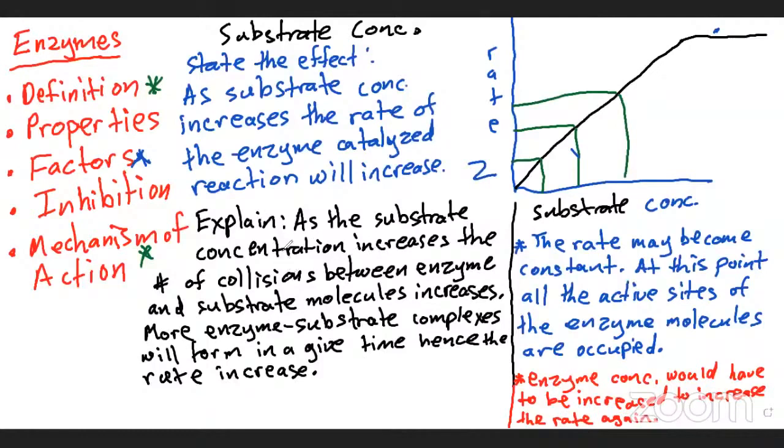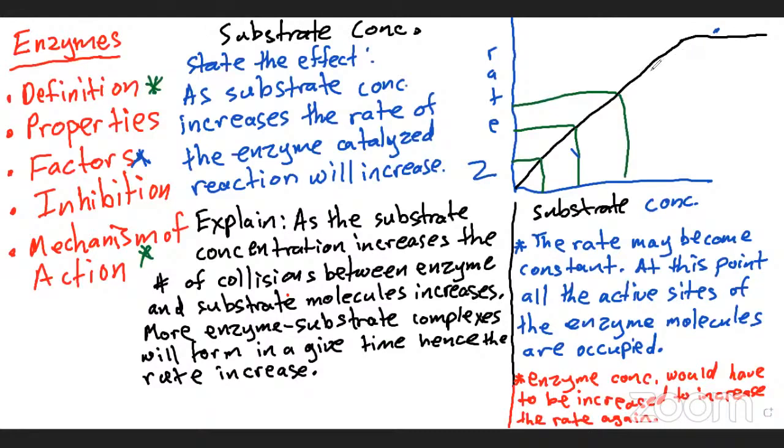All right, so this is your explanation over here in black. This here in blue is just explaining the horizontal part, why the rate is constant, if it is. All right, and let's say they ask you a question. They give you the graph and ask you, what does this line mean? Well, you would know that the rate is constant.